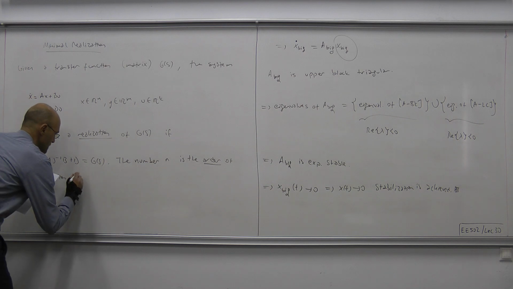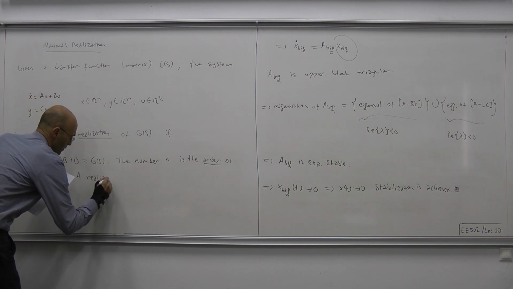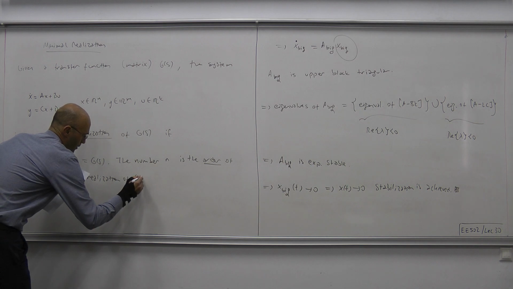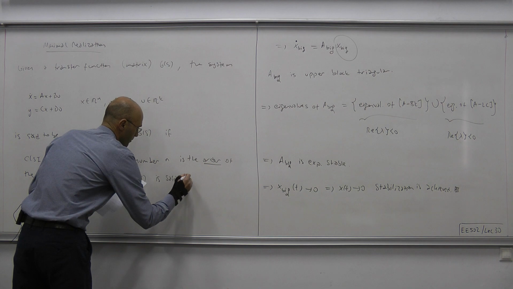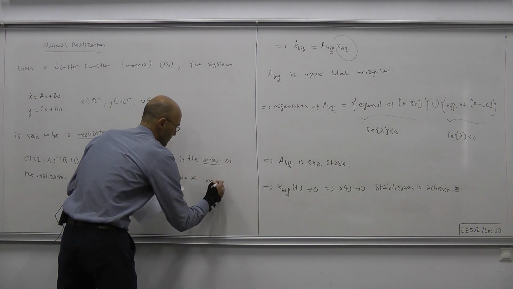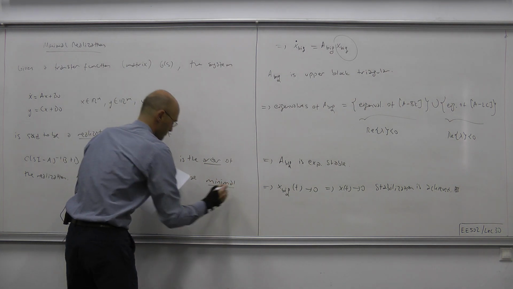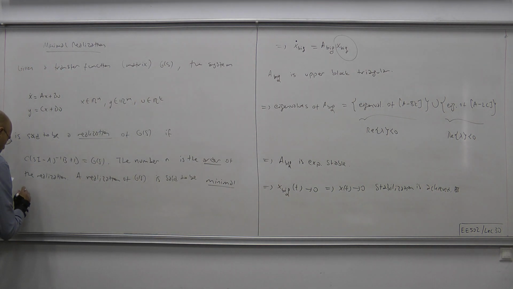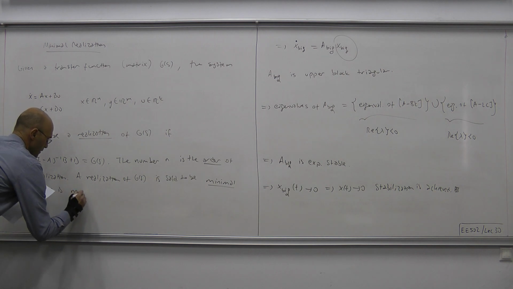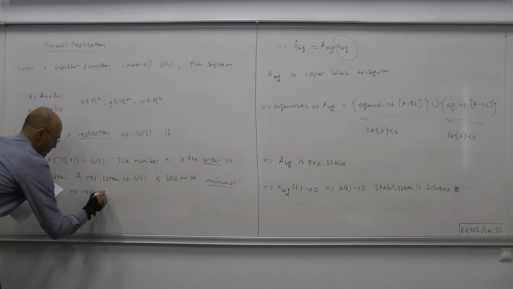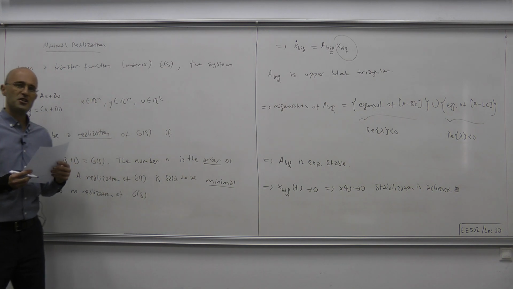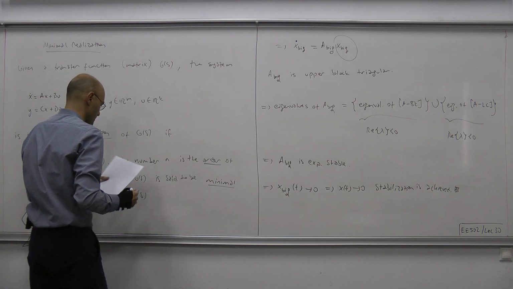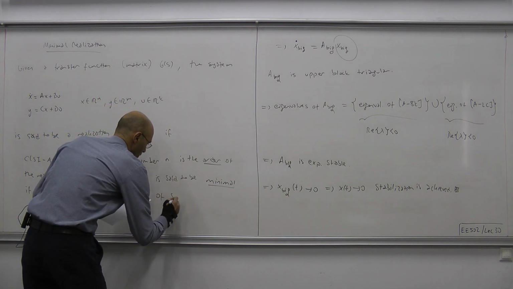Now, a realization of g of s is said to be minimal if there is no realization of the same transfer function whose order is strictly less than n, of smaller order.